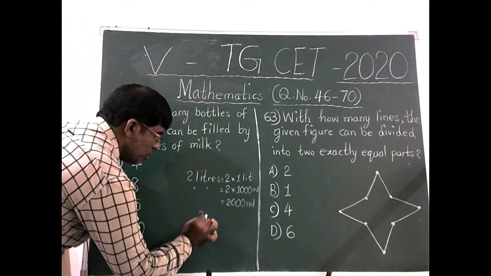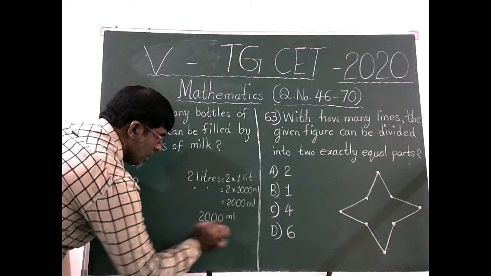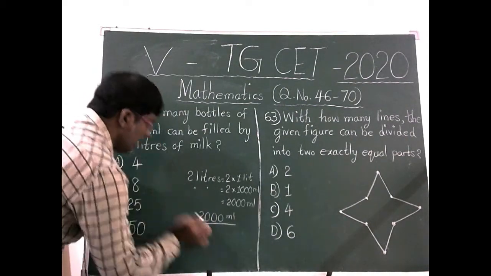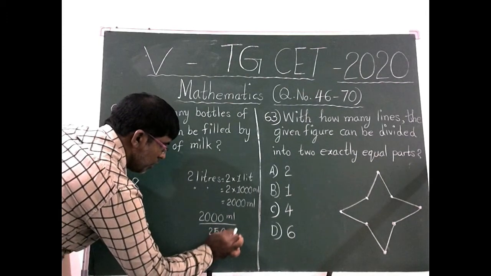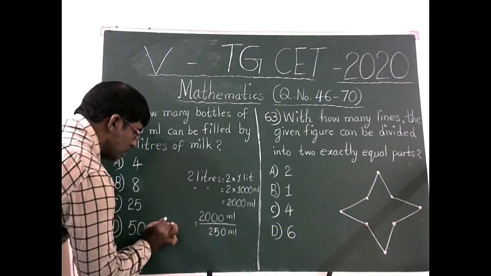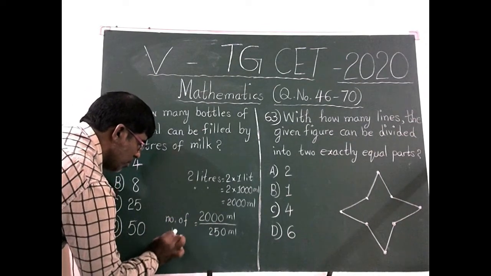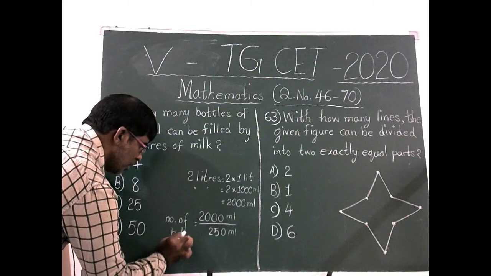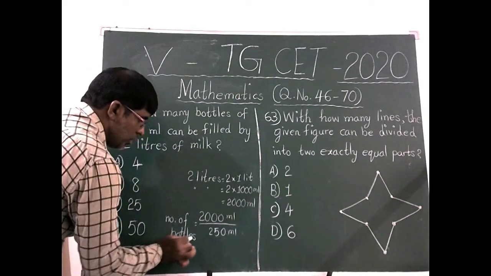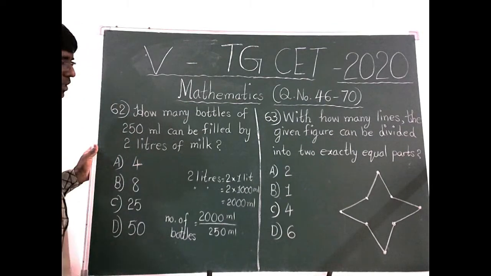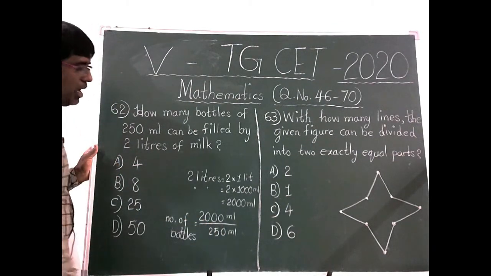Total 2000 ml divided by 250 ml in each bottle gives the number of bottles. The number of bottles equals 2000 ml by 250 ml.